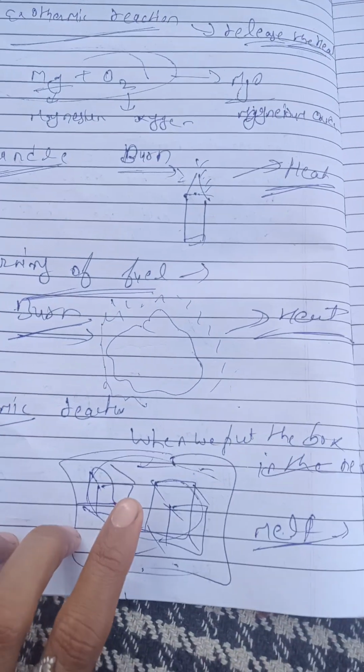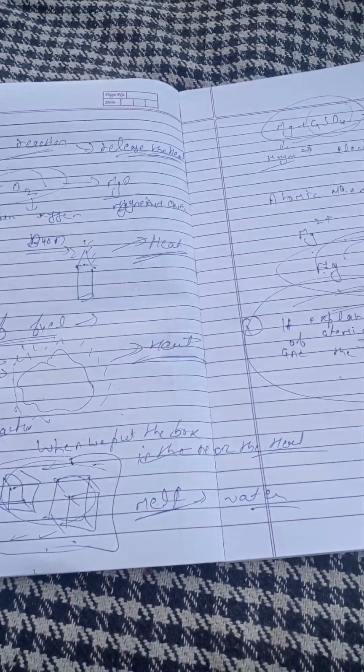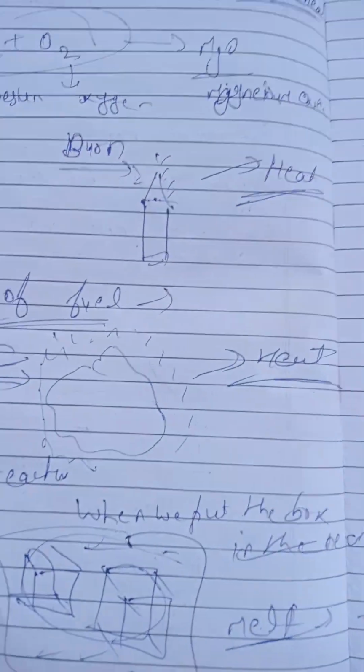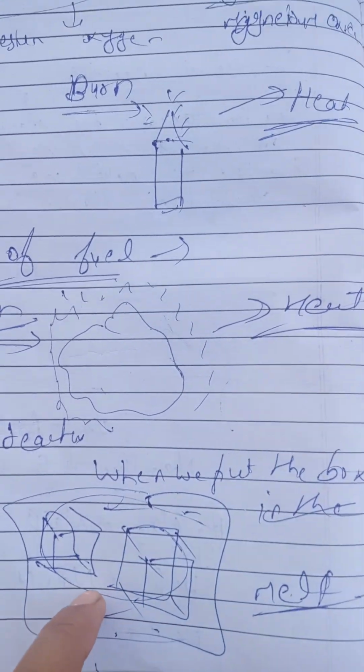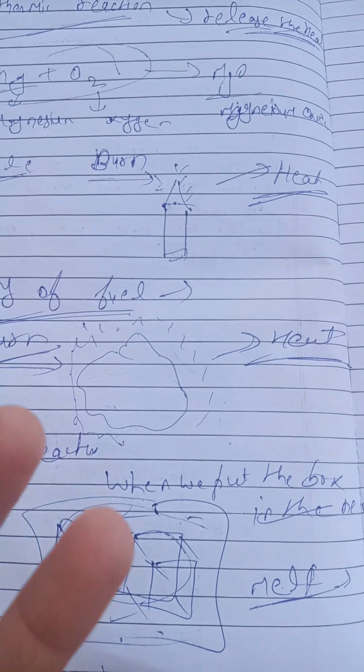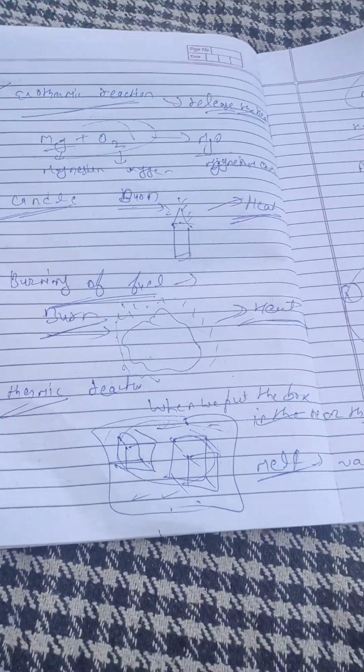It means that when an ice cube is put near the heat, outside the fridge, the ice cube melts easily. The ice cube absorbs the heat and gives water.